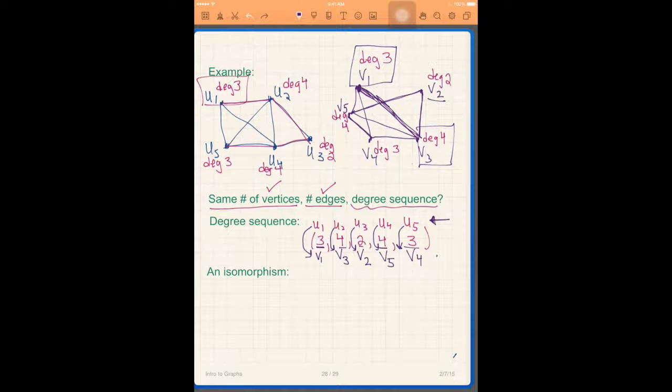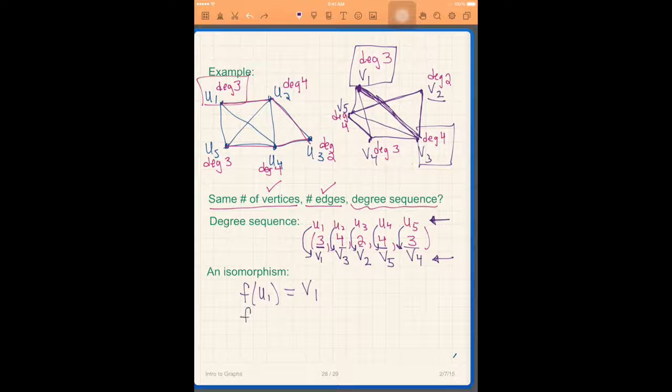And this is what we'll have to use in our rows and our columns for the adjacency matrix, is that reordering. So our isomorphism is f of U1. So this means the isomorphism, the function, is going to map U sub 1. So we're going to take vertex U sub 1 on the left side and match it up with V sub 1 vertex on the right side.